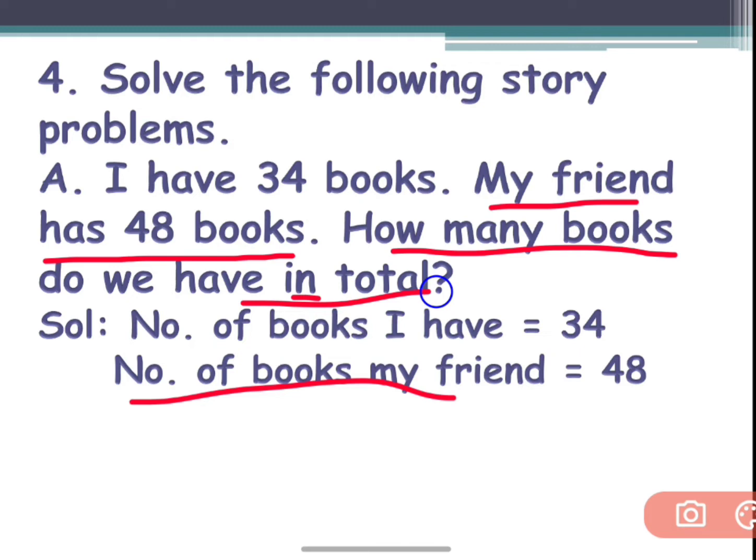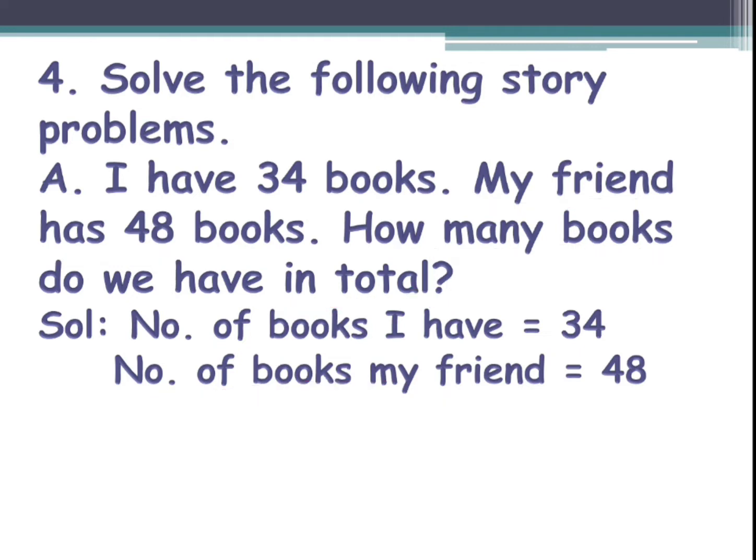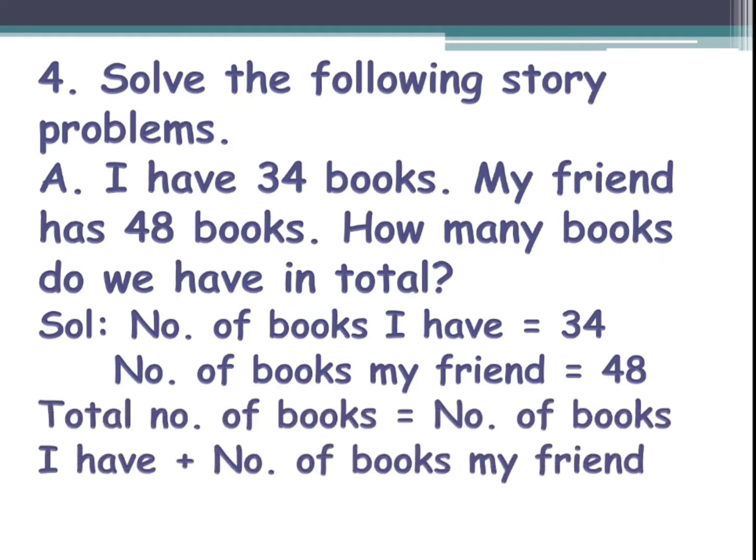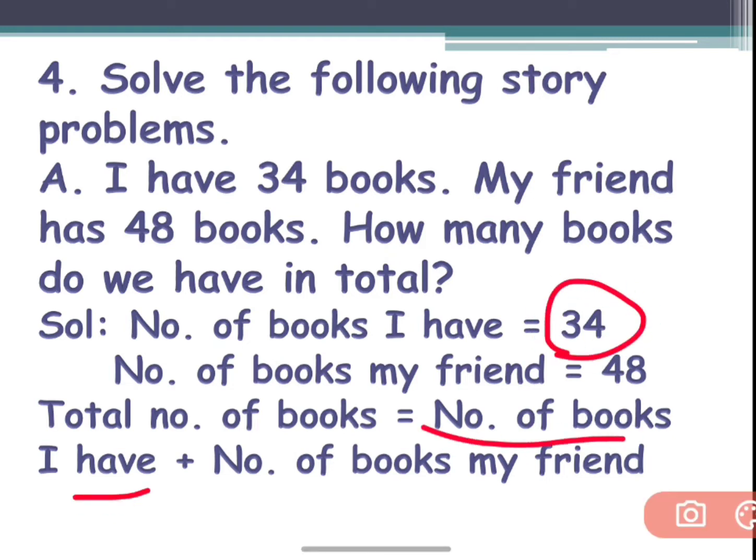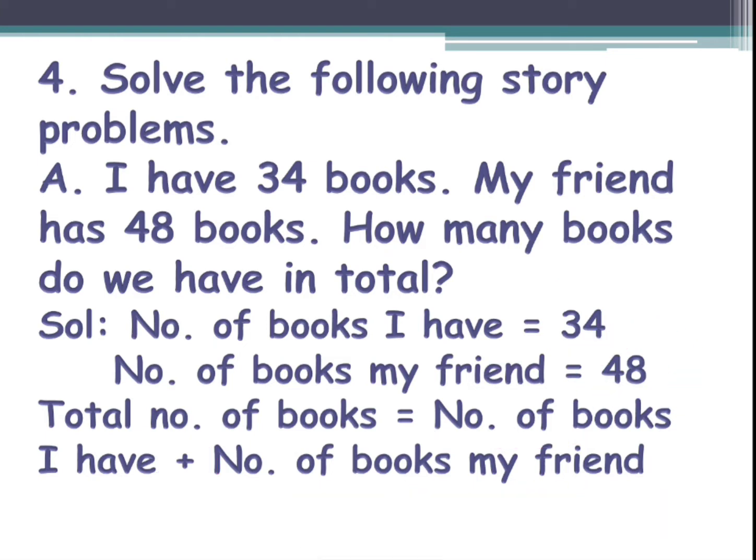So together, how many books do they have? Total number of books will be equal to the number of books you have plus the number your friend has, so 34 plus 48.